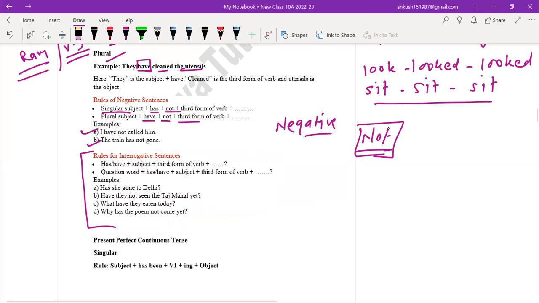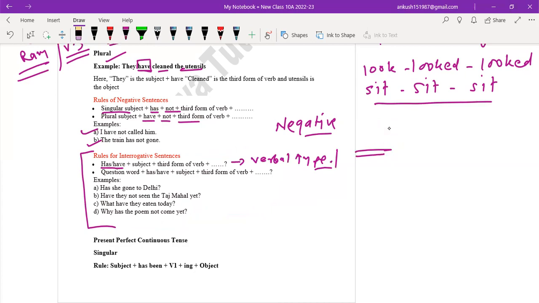So now, whenever we try to make it interrogative, it is very easy. See, what is the formula? This formula is used in every tense. Whenever you make an interrogative sentence of the verbal type, this type of question is called a verbal type of question. Why verbal type?